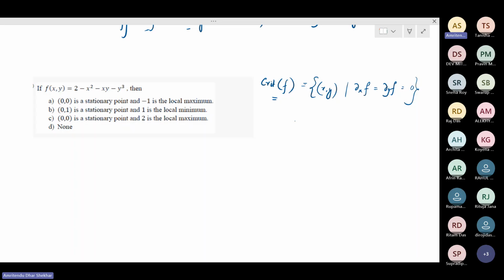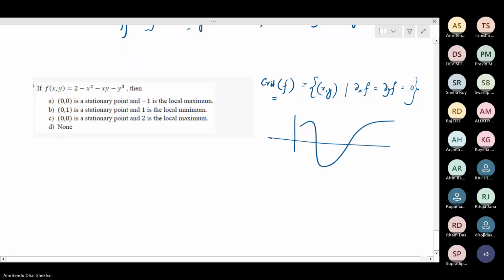If I plot a graph quickly, let's say you have some function of this kind. Then maybe you can say that the function has two critical points, maybe one here and one here. One is a maximum and the other is a minimum. So there are two types of critical points for a one dimensional function, either maximum or minimum.